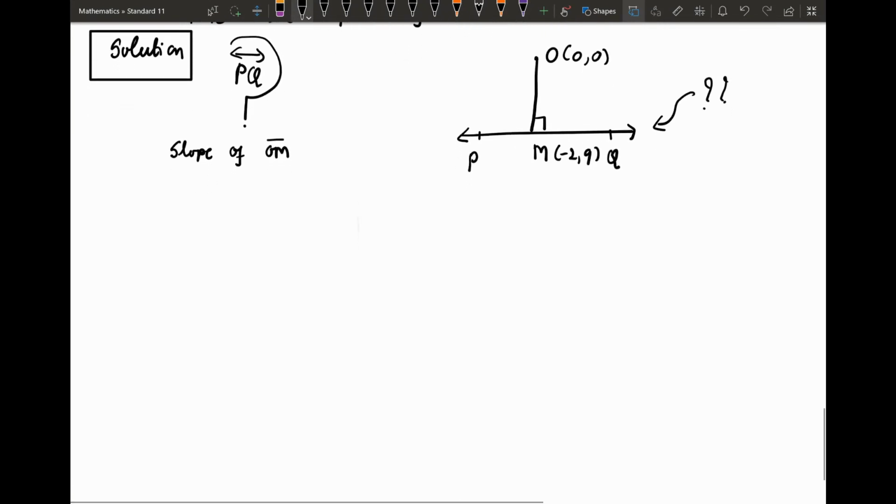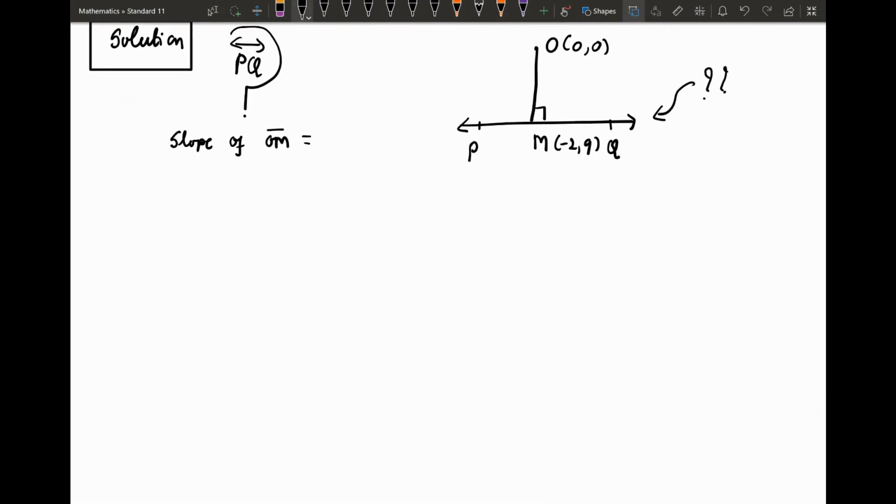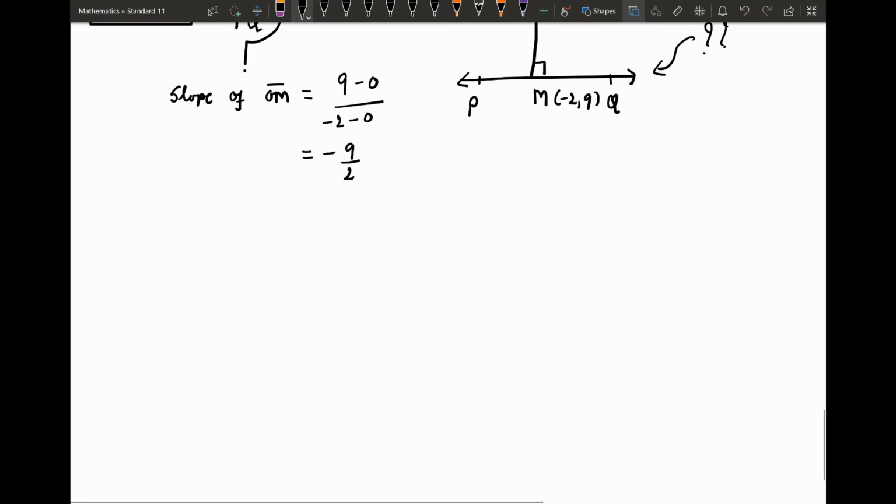So the slope of OM, using the definition, is 9 minus 0 upon minus 2 minus 0, so this is minus 9 by 2. Line PQ is perpendicular to OM, therefore the slope of PQ will be 2 by 9.